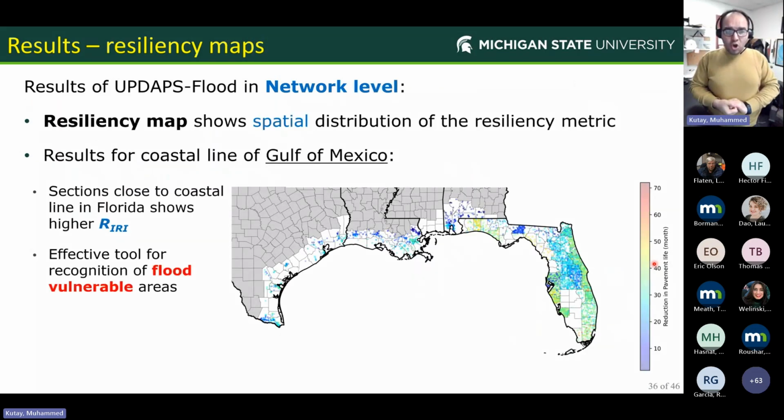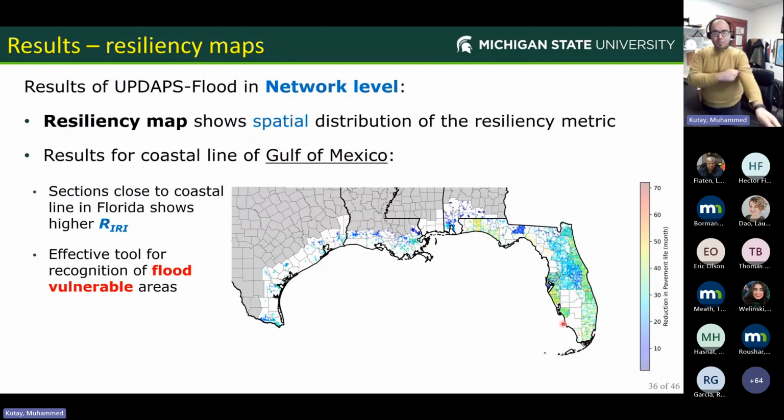The next thing I want to show is the resiliency maps that show the spatial distribution of the resiliency metric. These maps are very good to have an insight into the whole pavement performance in the region of interest that you are looking at. For example, in this particular resiliency map for the Gulf of Mexico, you can see that the coastline has a relatively higher resiliency metric, which means that they are losing more months in the service life.